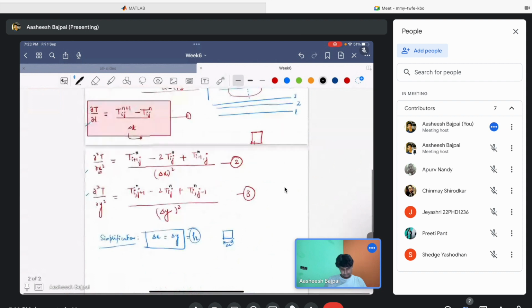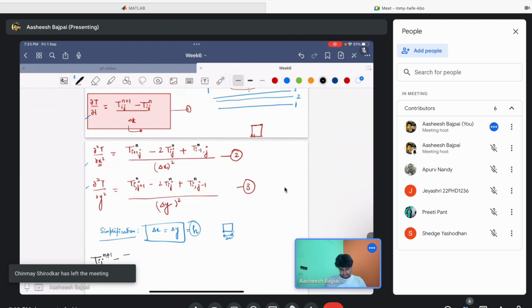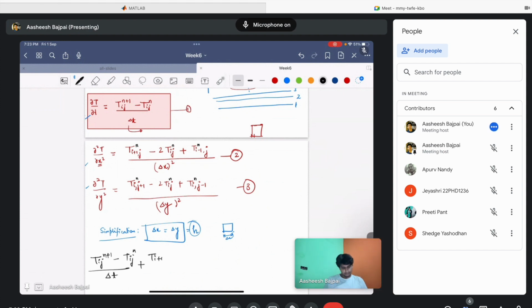Tij at n plus 1 minus Tij at n divided by delta t, plus T i plus 1 comma j at n minus 2 Tij at n plus T i minus 1 comma j at n divided by delta x square.